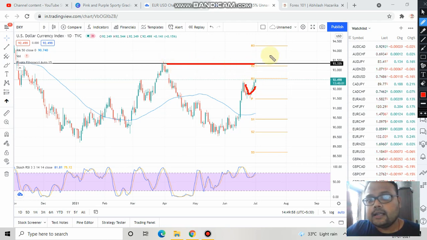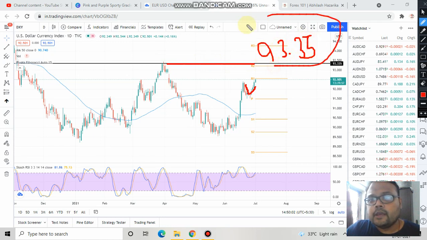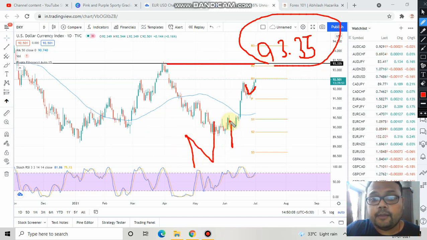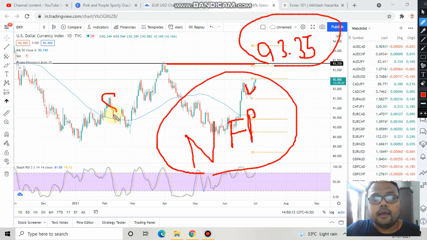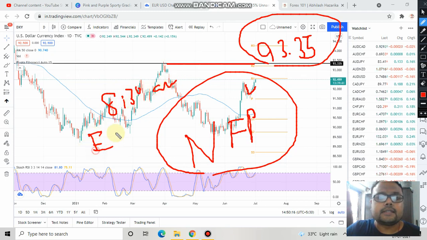Until and unless market reaches this 93.35 level, US dollar should remain bullish. But tomorrow the NFP report is about to come, around 8:30 a.m. EST.